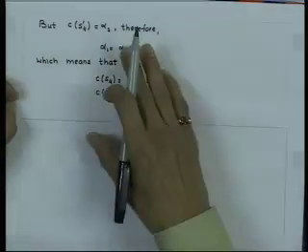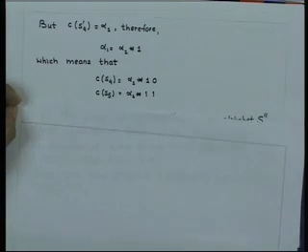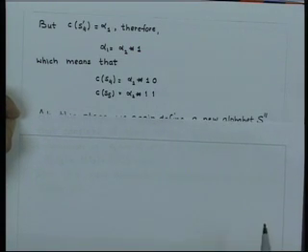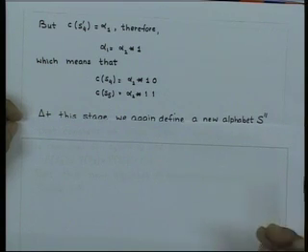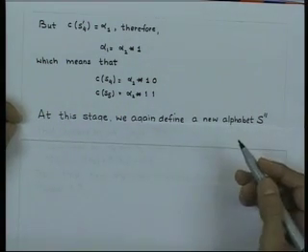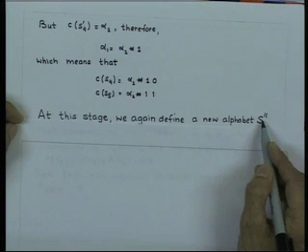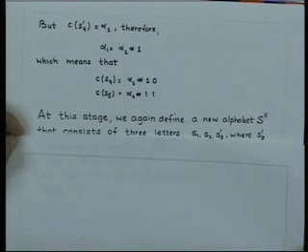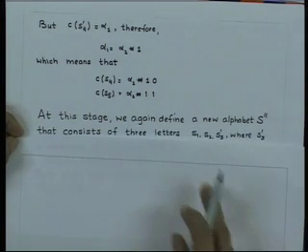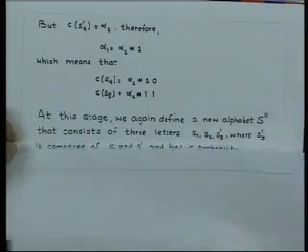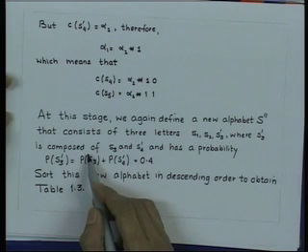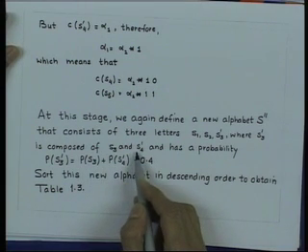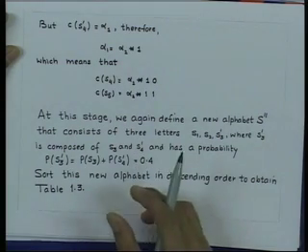Now at this stage we generate a new reduced source, and the alphabet for that new source we call S double prime, which consists of 3 letters S1, S2 and S3 prime, where S3 prime is composed of S3 and S4 prime, because S3 and S4 prime were lying at the bottom of the sorted list.